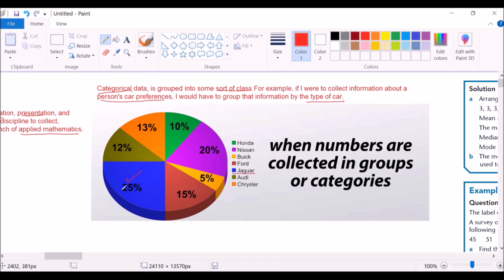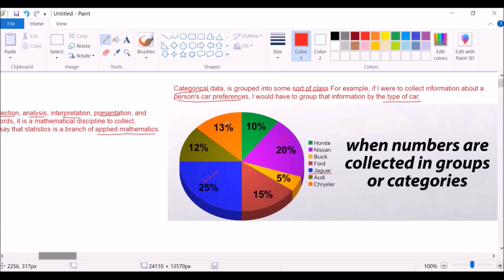As you can see, 25% of the people liked Jaguar, followed by Nissan, because 20% of the people surveyed or asked preferred those cars. So this can be data collected and then summarized in the form of a pie chart like that. So that is the main role of statistics, classifying data into a category and then summarizing it.